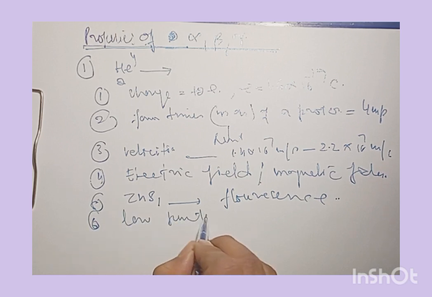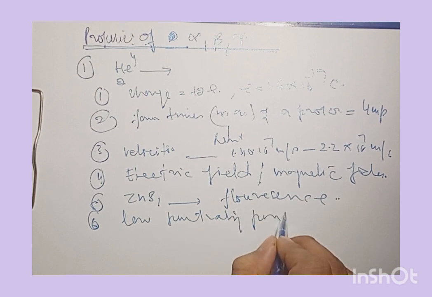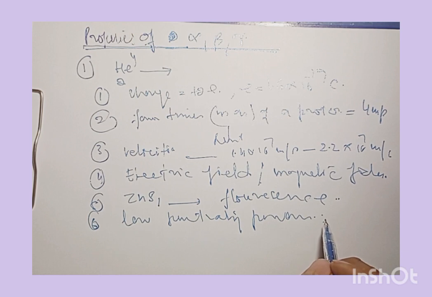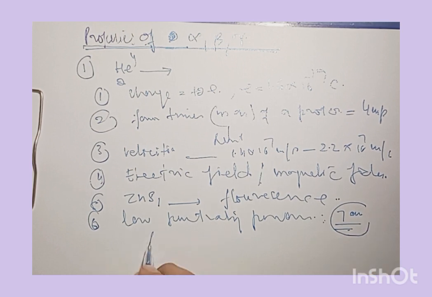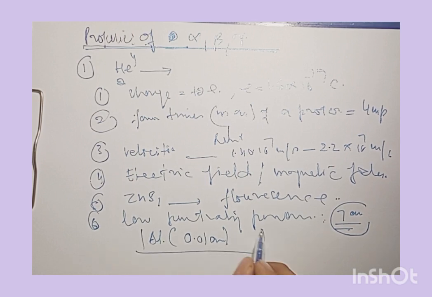Roughly, air of thickness 7 centimeters can absorb alpha particles completely, and an aluminum foil of thickness 0.01 centimeters can stop these alpha particles.